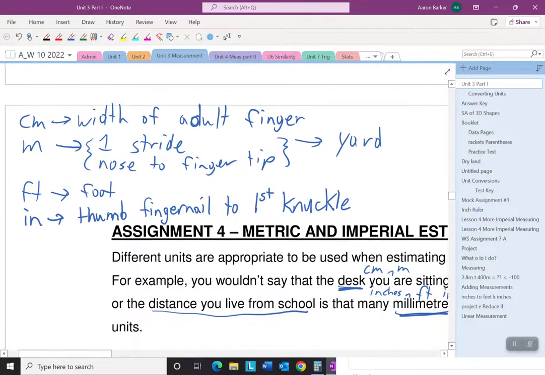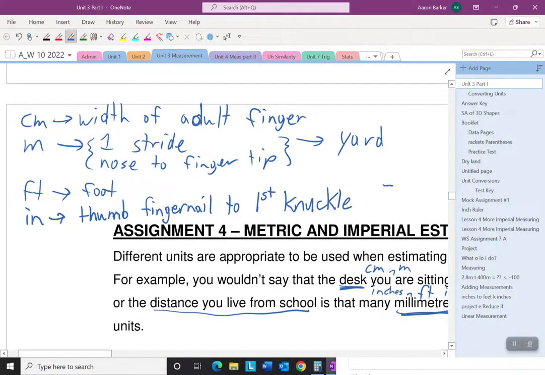So if this is your thumb, there's your first knuckle. Oh boy, that's bad drawing. Here's your first knuckle. Obviously it's enlarged, but from there to the knuckle, that's 1 inch. About. Obviously longer fingers, a little bit more, shorter fingers, a little bit less.